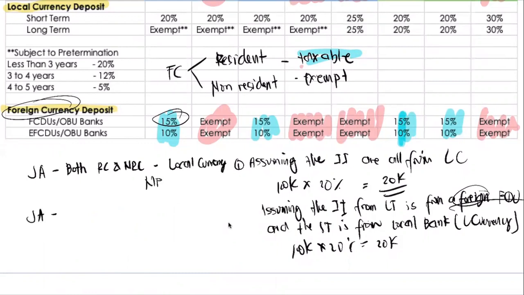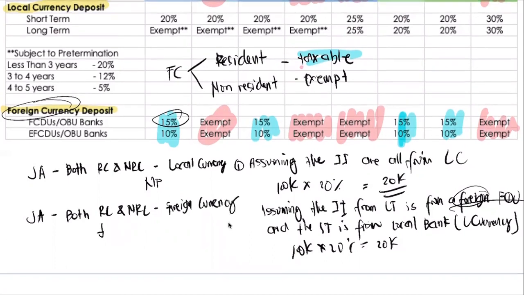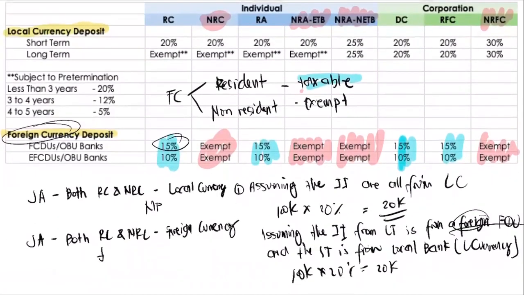But if that joint account is owned by both resident citizen and non-resident citizen, we have a problem, especially if that is a foreign currency now. Okay, foreign currency. So take note, an RC under your FCDU is subject to 15%. NRC is subject to 10%.